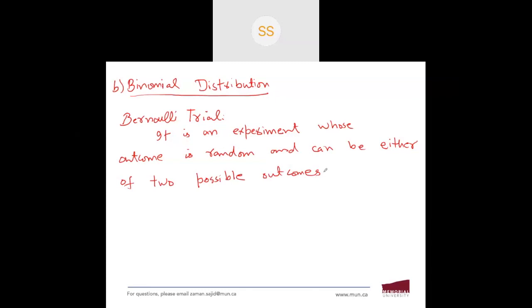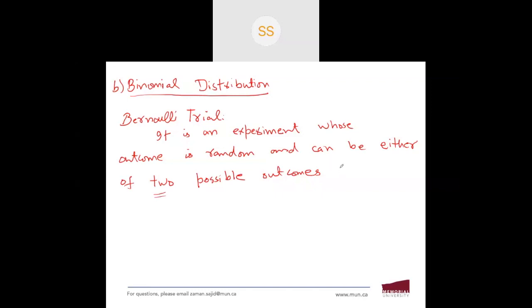Okay, so the Bernoulli trial is basically an experiment whose outcome is random and can be either of two possible outcomes. Now here the word two is important. So in the binomial distribution, we will have only two outcomes.